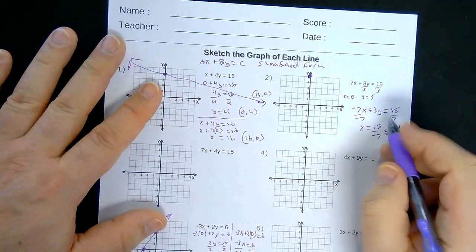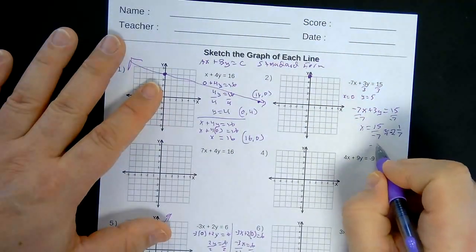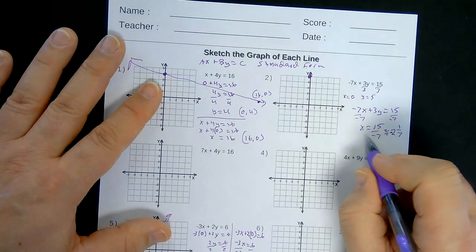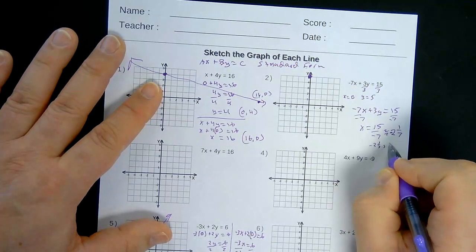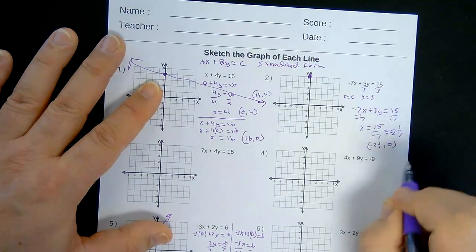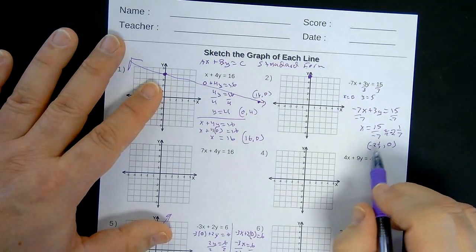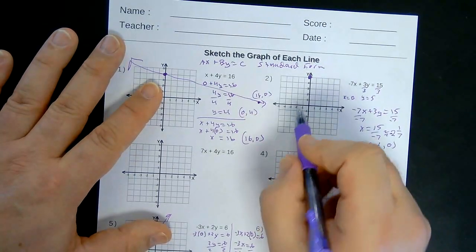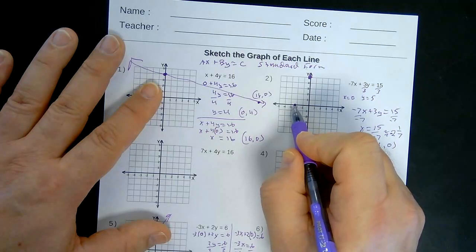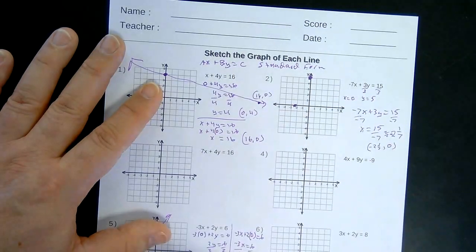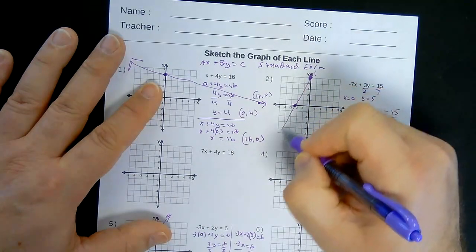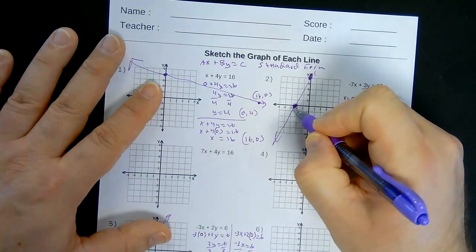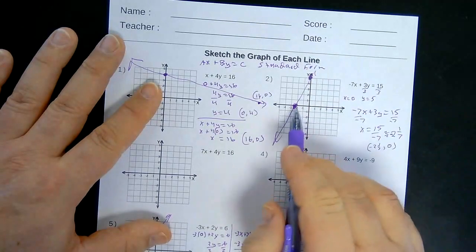So your point you're plotting is x is negative 2 1/7, and y is 0, because you just covered it up. So plotting this point, negative 2 and just a little bit more. There you go. Now here are your 2 points, and there's your line.